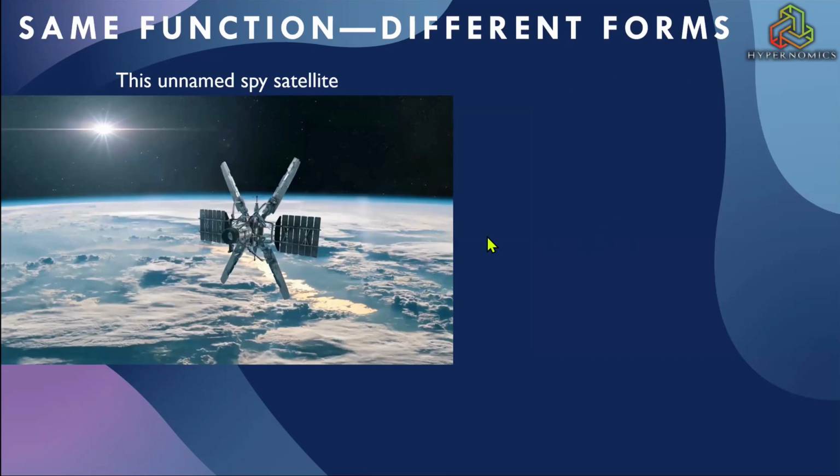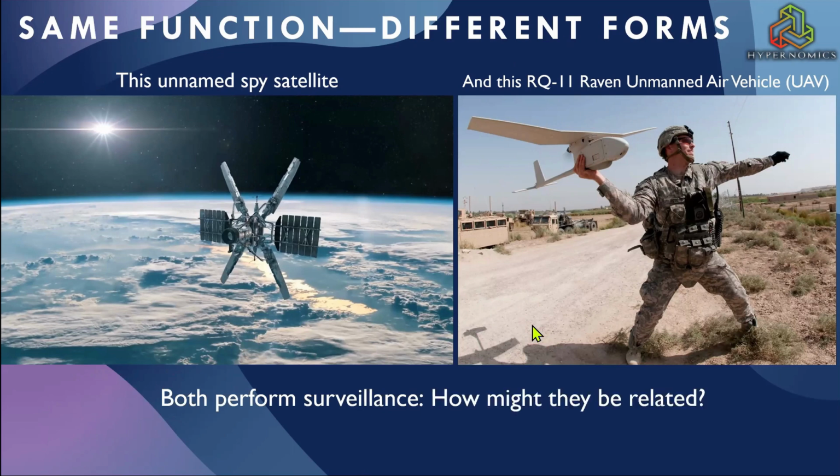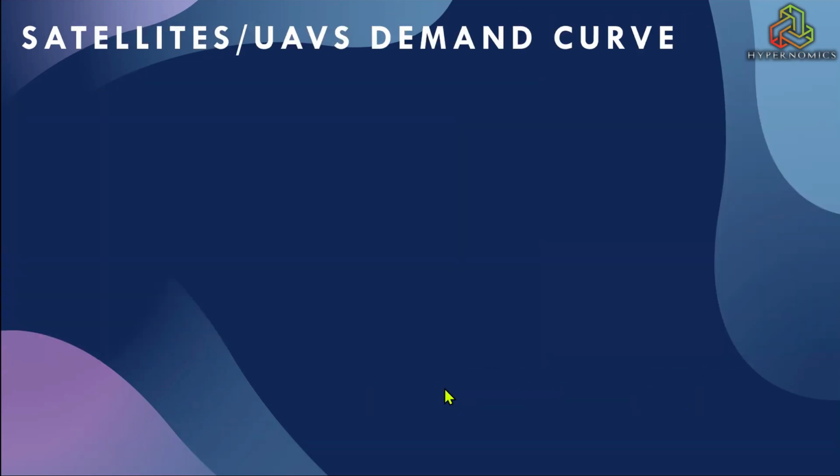Now, it also works out that demand applies to things that have the same function in different forms. So this unnamed spy satellite and this drone made by AeroVironment both perform surveillance, and so you might ask yourself, how might they be related? And so Hypernomica allowed us to combine and compare these databases.